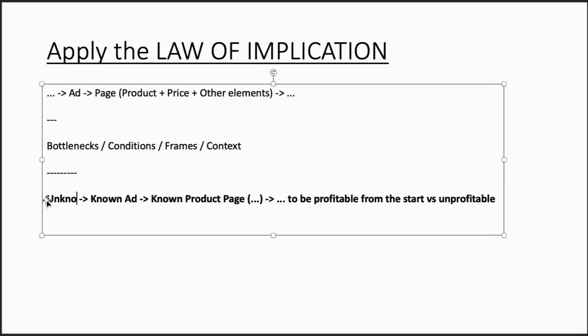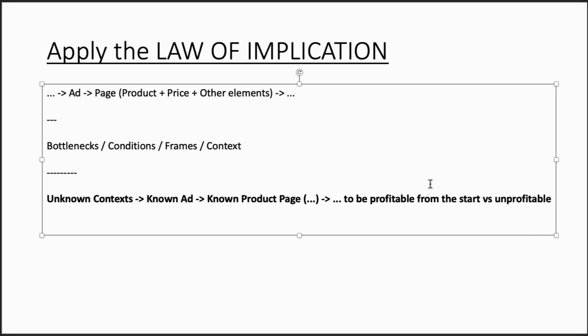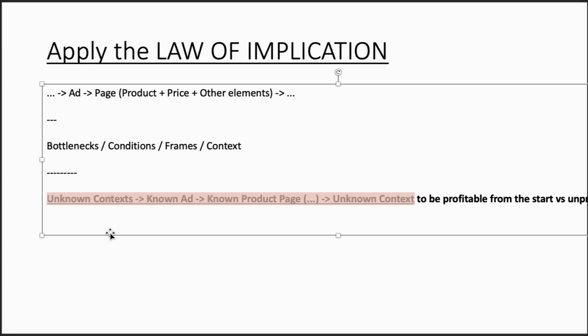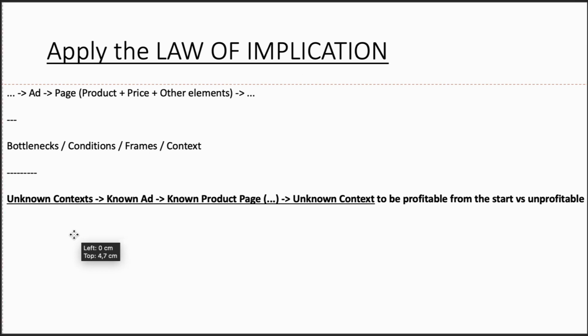Okay, so here I can say unknown context, and here I say unknown context. My point is that we don't know why something is working. So we start with something that's working, that's profitable, although we don't know why it's profitable. And it's not required of us to know why something is profitable.